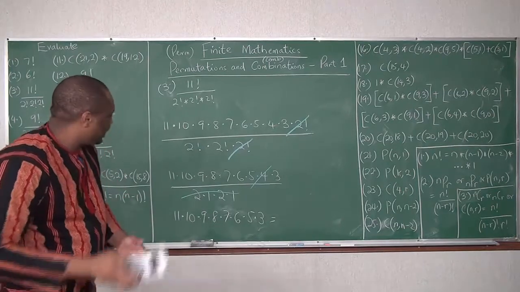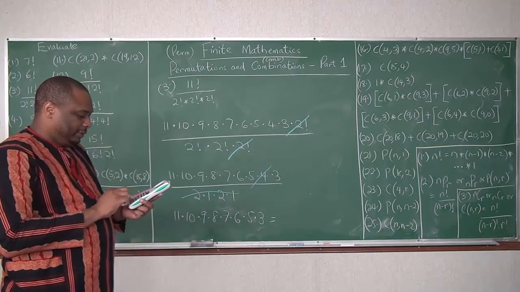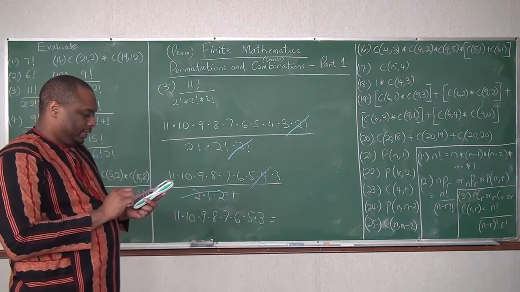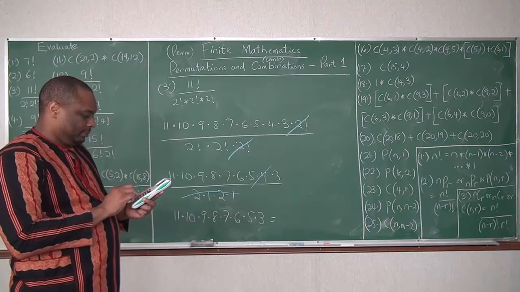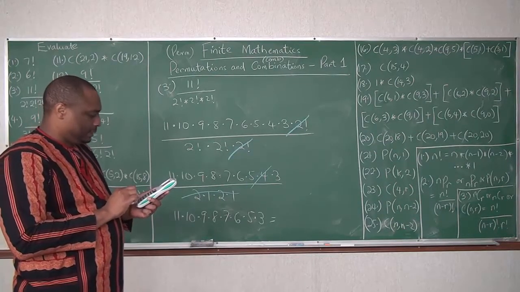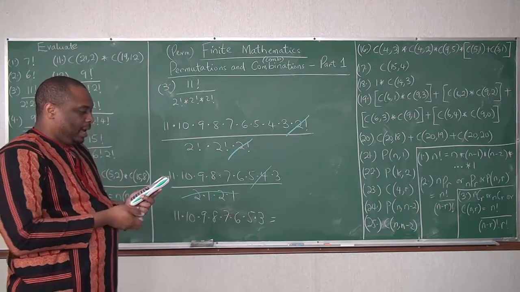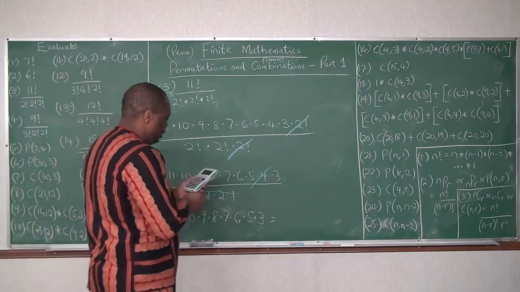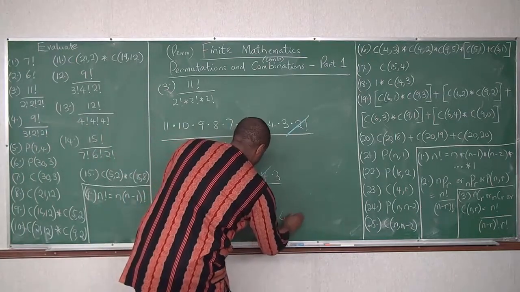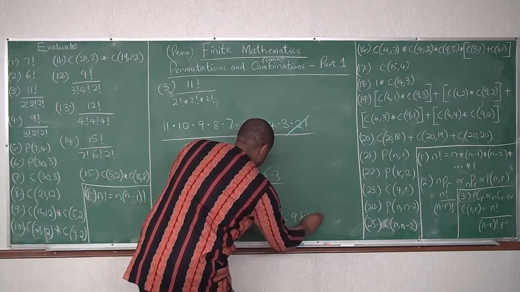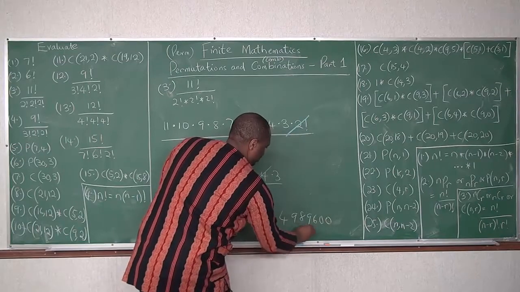So you use your calculator, 11 times 10 times 9 times 8 times 7 times 6 times 5 times 3. And that gives you 4,989,600.